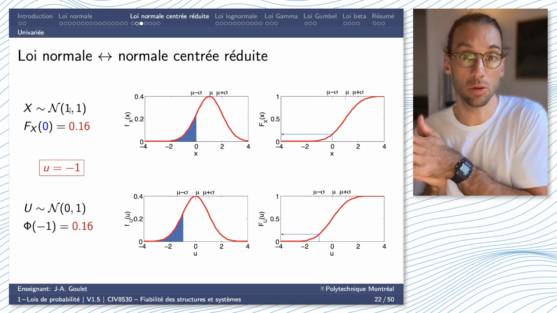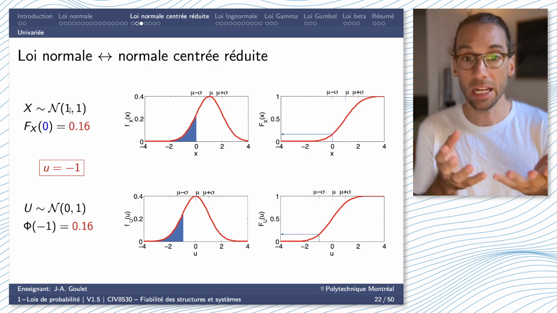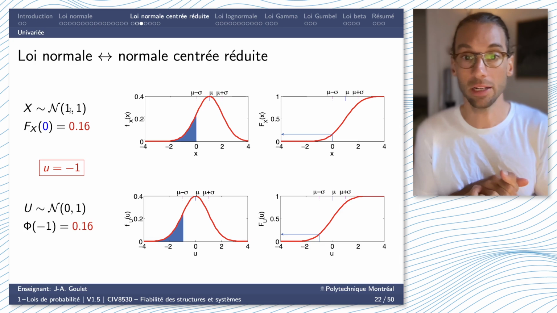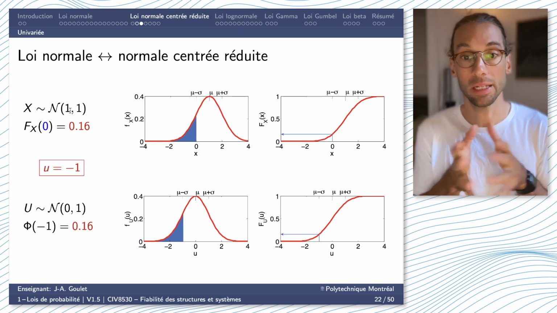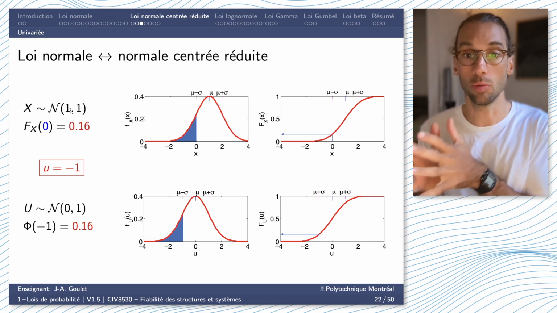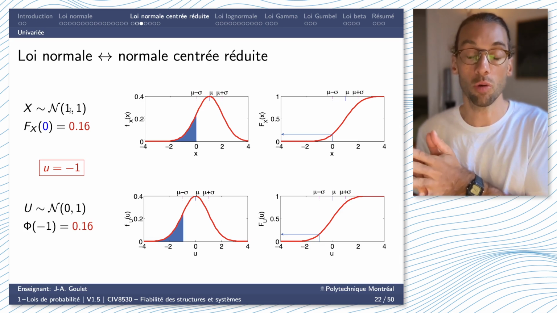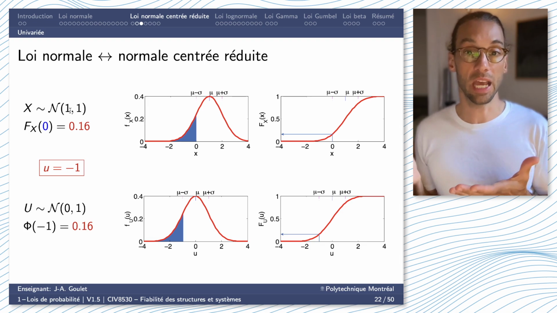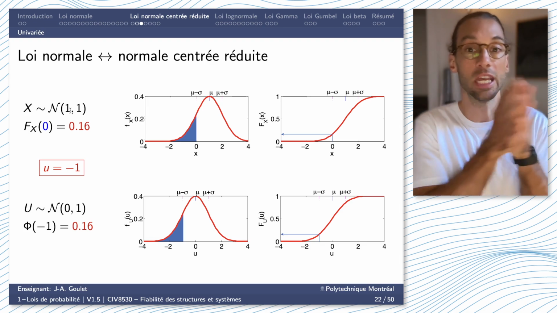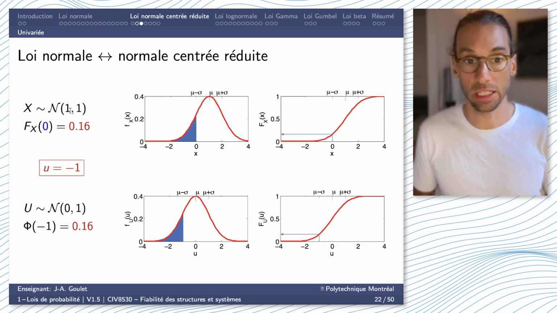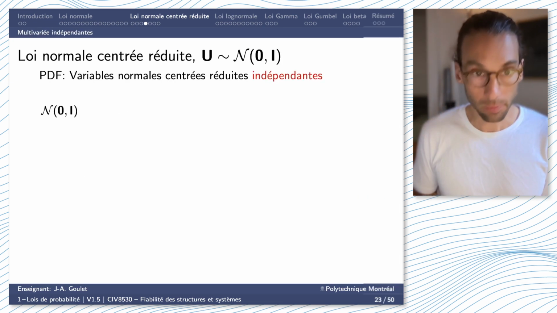And actually, in the code, for instance in Python, this is what is done. What is implemented in the code is just the standard normal space, and when you're evaluating an arbitrary PDF, you're transforming the value into the standard normal space where it is evaluated.